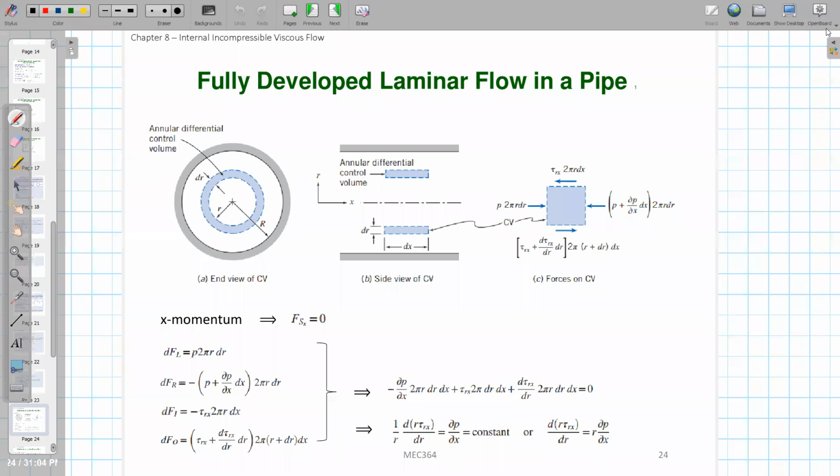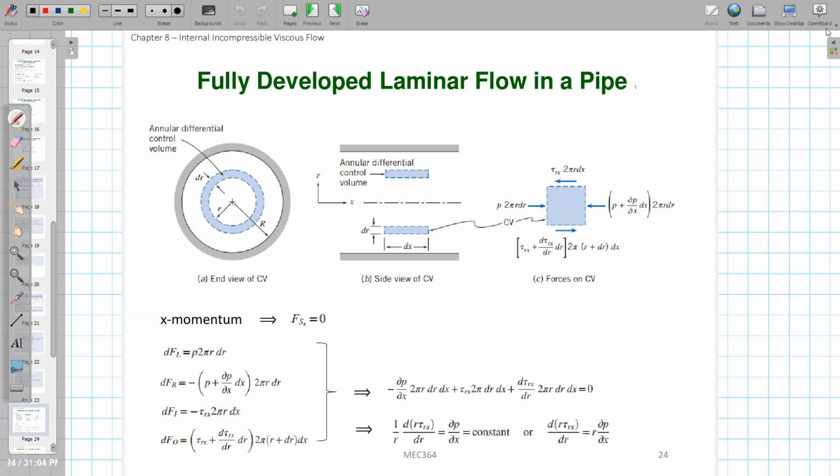Also the flow is steady state, so the transient term can go. We assume incompressible, so you can take the rho outside of the differential operators and so on. This is one method we can do, but we didn't use this way.